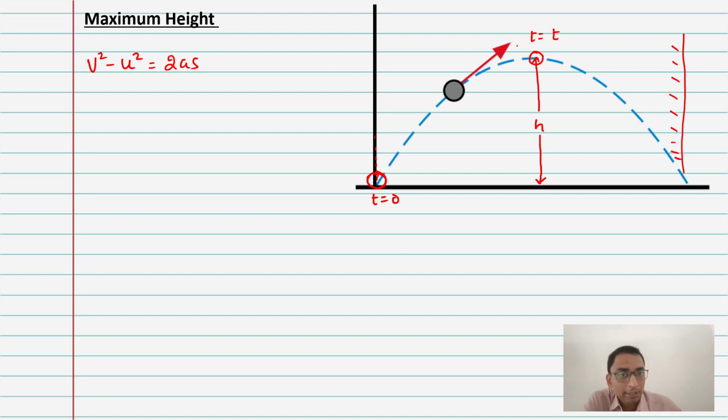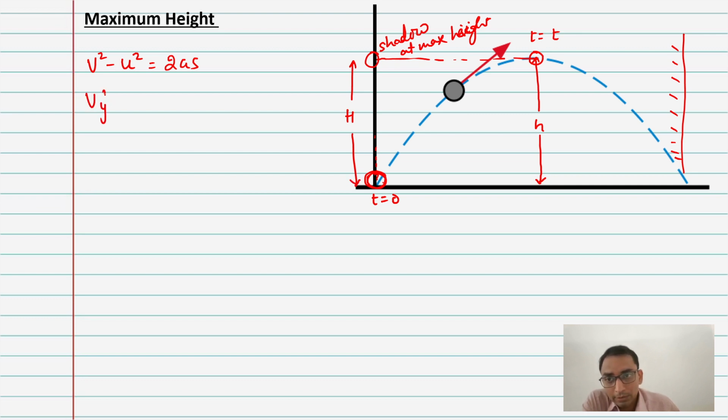So this is the light. So the shadow will be reaching over here. This is the shadow at maximum height, right? And this is the shadow of the ball itself at time is equal to 0.